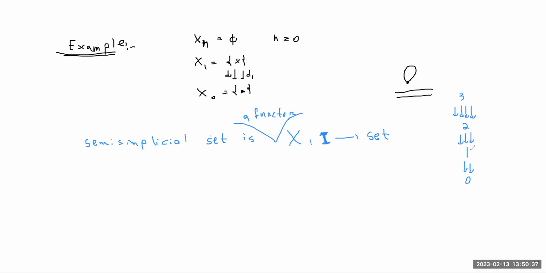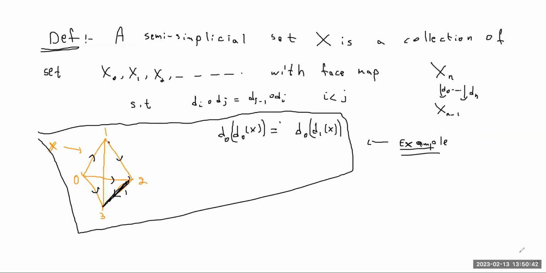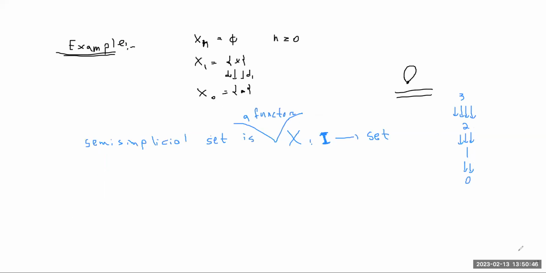We will describe the relations later when we talk about simplicial sets, but let's say we have such a diagram I and such a functor, because now it's easy to describe what the maps between semi-simplicial sets are.